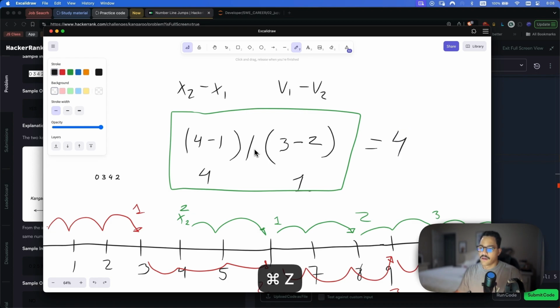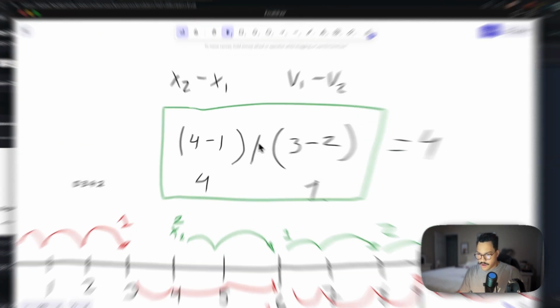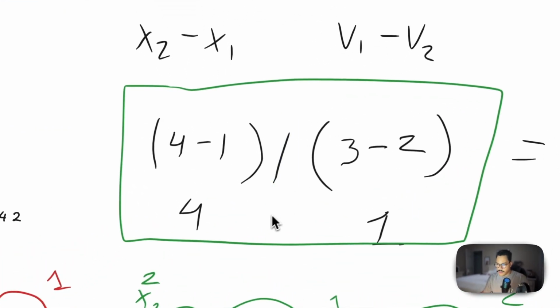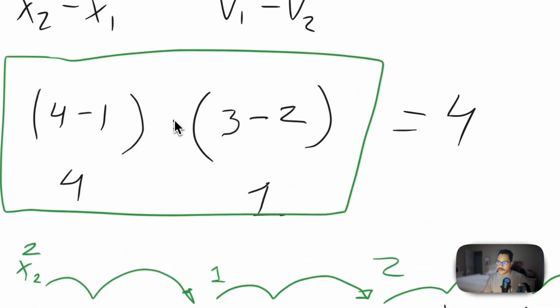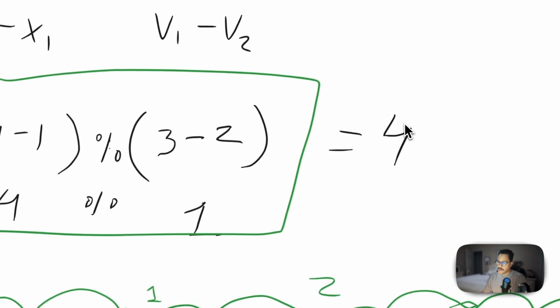Let me just go back. Okay, so let's go ahead and use something cooler. We can use a Python feature here. We can go ahead and use a mod operator here. And you know what? That might be perfect because for mod 1, it's going to be equal to 0.